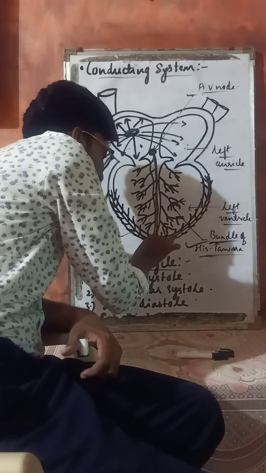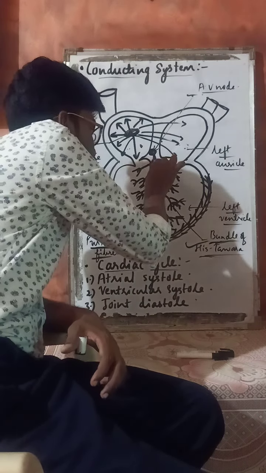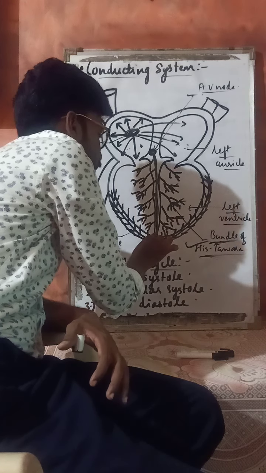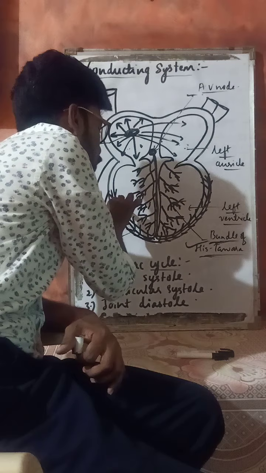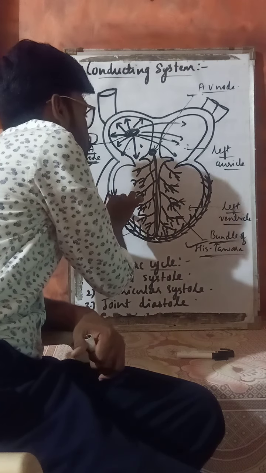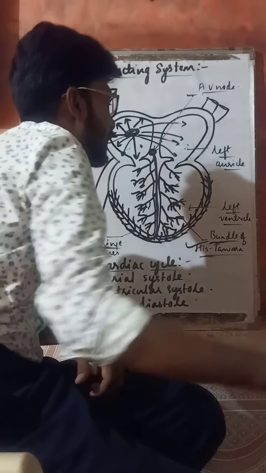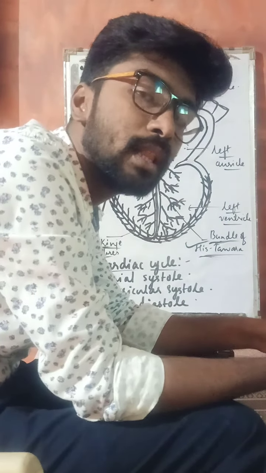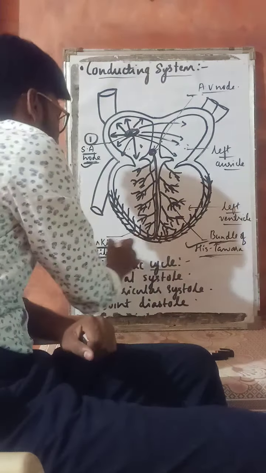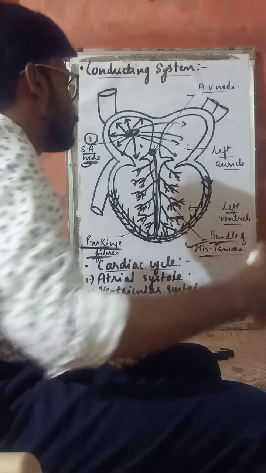Bundle of His Tawara enters into the ventricle, and when they enter into the ventricle, they divide into two branches, one into the right ventricle and one into the left ventricle, that is, in the myocardium of the ventricle they enter, and now they are called Purkinje fibers.